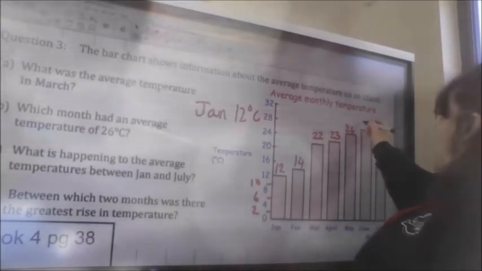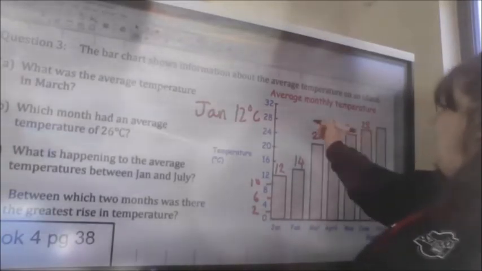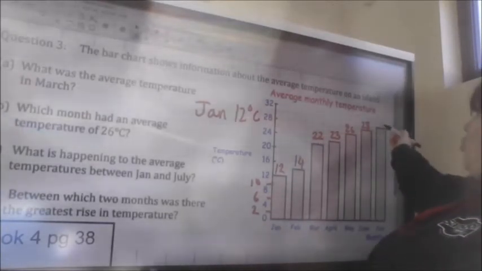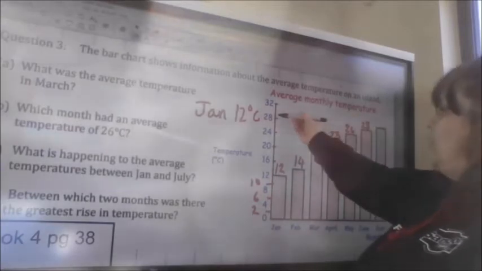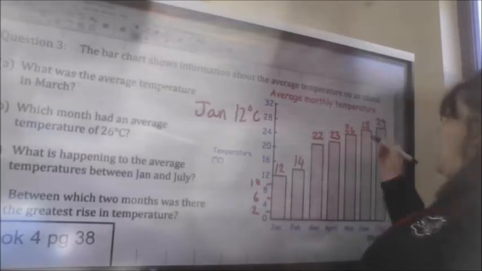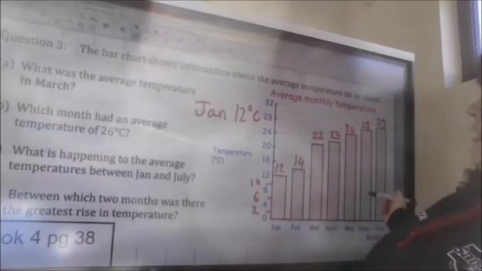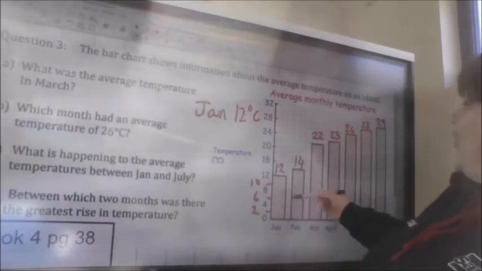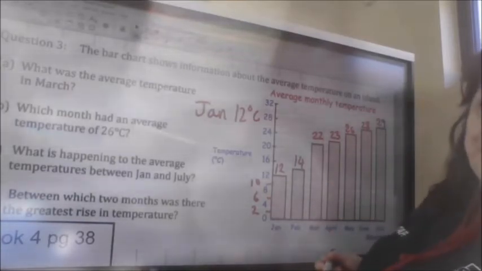June is absolutely straight in line with 28. And then finally, July is almost up to the halfway point. So that would be 30. So I'm going to say that's 29 there. So hopefully now you have got, if you haven't already, the right answers.